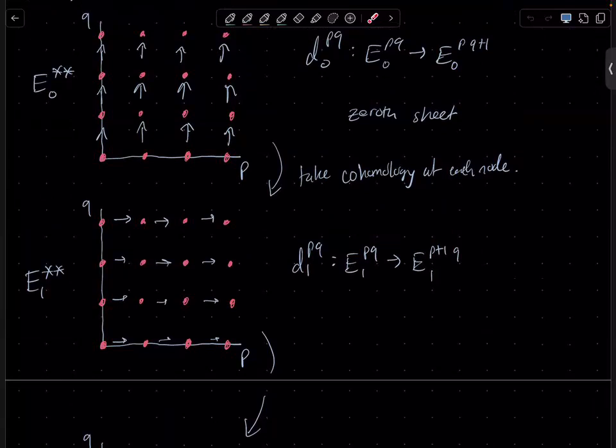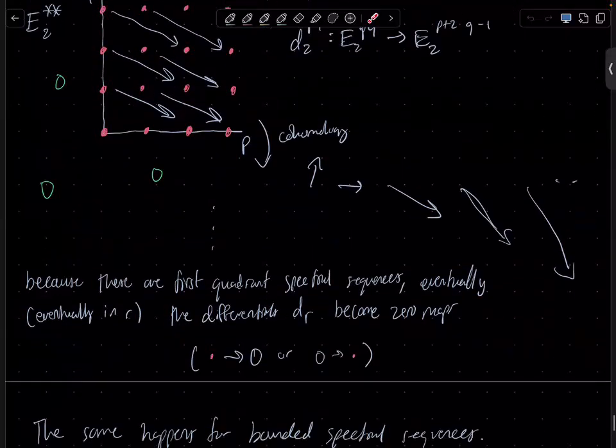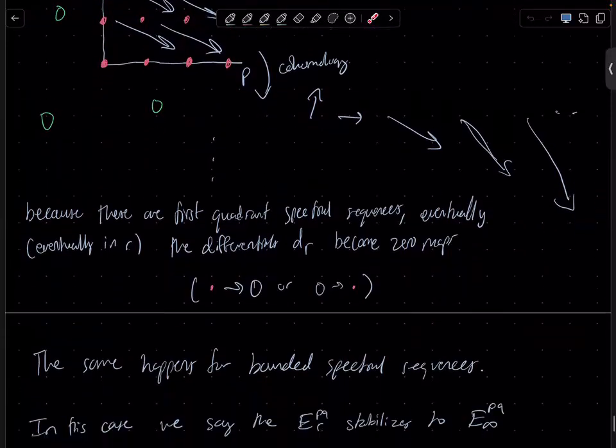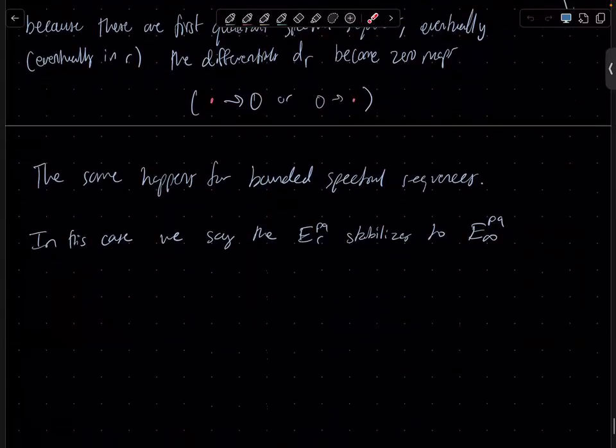So it starts by pointing up, then right, then this knight chess move, and then longer and more down. For first quadrant or, more generally, bounded spectral sequences, eventually these maps all become zero morphisms of some kind. And so we talked about stability, or the stabilization of each of the nodes.